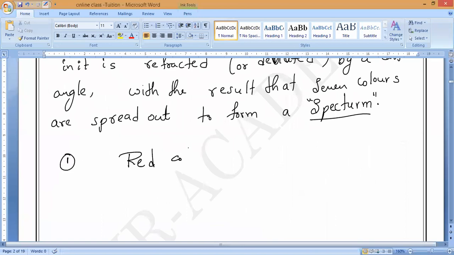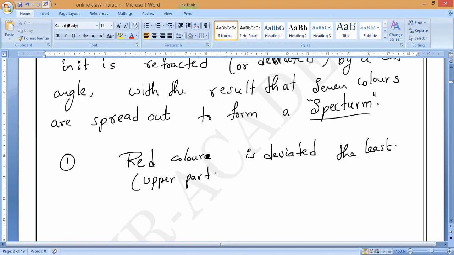Red color: minimum deviation, maximum speed. Red color is deviated the least because its speed is more. Its position is at the top of the spectrum, the upper part of the spectrum.